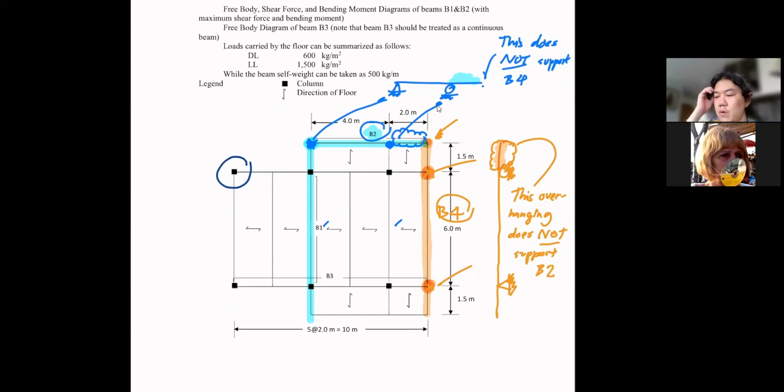Okay, so we would design this portion so that it can carry the moment from the overhanging portion and be strong enough without the help from B4. And likewise, we'll design this portion of B4 to be strong enough to survive by itself without the support from B2.